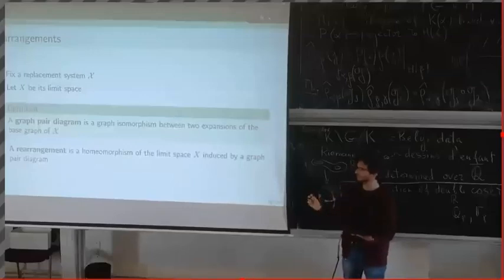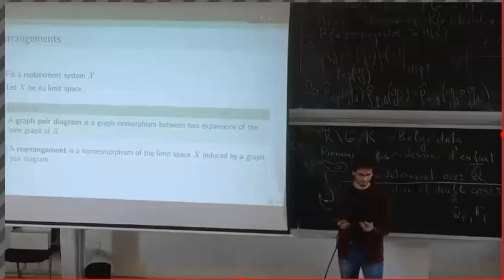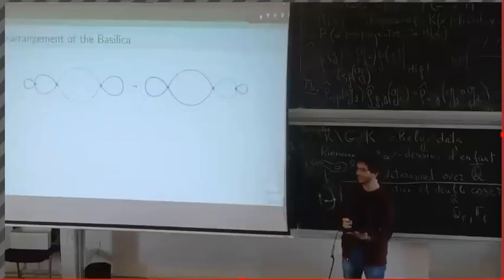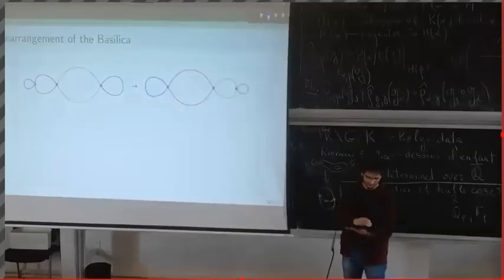It's the same thing. And in this case, our rearrangements, the actual elements of our groups, are going to be homeomorphisms of the limit space induced somehow by these diagrams. What do I mean? Well, if this is a graph pair diagram, where I am using colors in a kind of improper way, here I mean that the blue guy on the left is being mapped to the blue guy on the right.